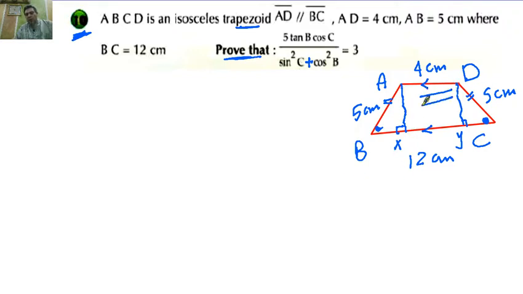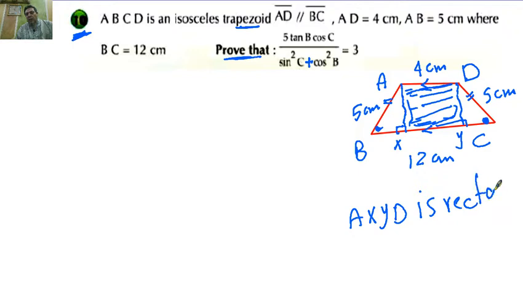This figure AXYD is a rectangle. From the properties of a rectangle, XY equals 4 centimeters, and the two triangles DYC and AXB are congruent.